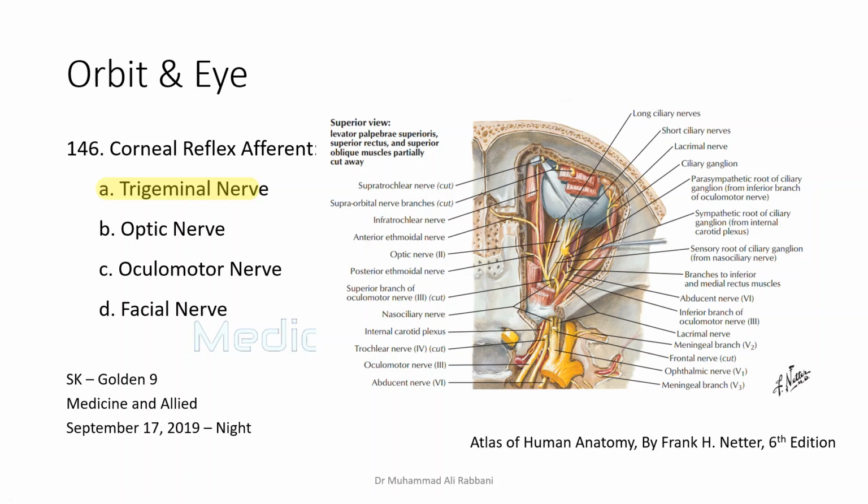You can be asked to choose between the ophthalmic, maxillary, and mandibular divisions. There you will have to pick the ophthalmic division for corneal reflex. And the question can go into further detail about the branch of the ophthalmic division that is actually carrying out the reflex. So it will be the nasociliary branch of the ophthalmic division of the trigeminal nerve.